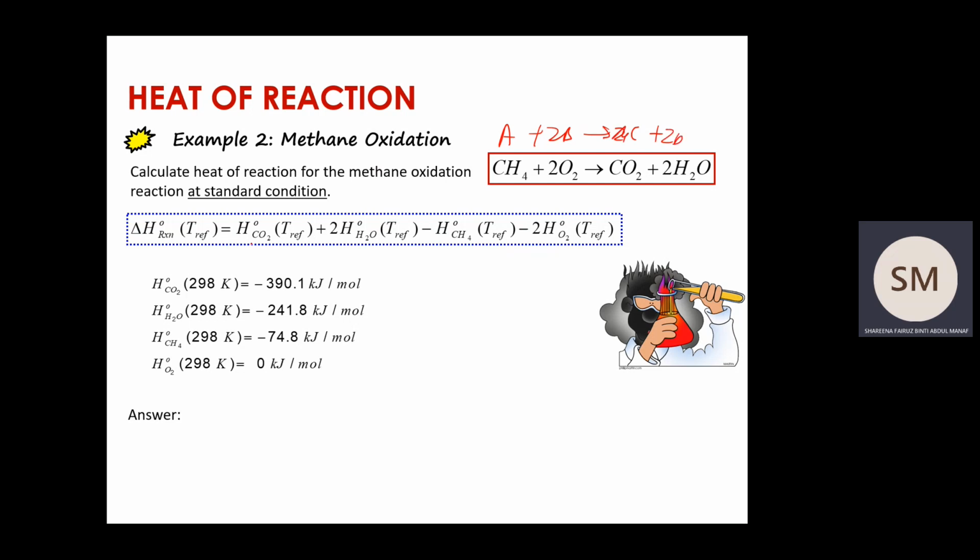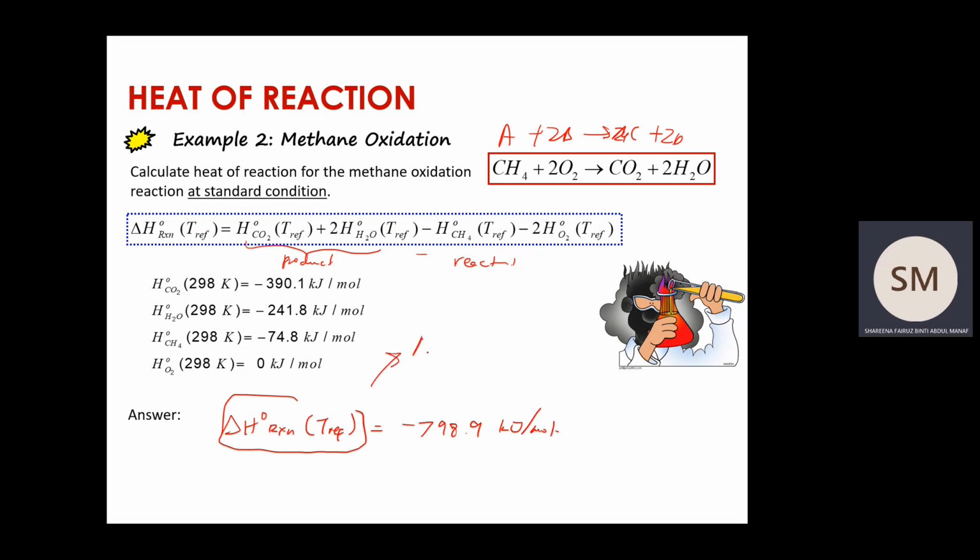Remember, you should write the product first with a plus, minus the reactant. So the answer would be delta HRXN at TREF equals negative 798.9 kJ/mole. This is to get the reaction at TREF.